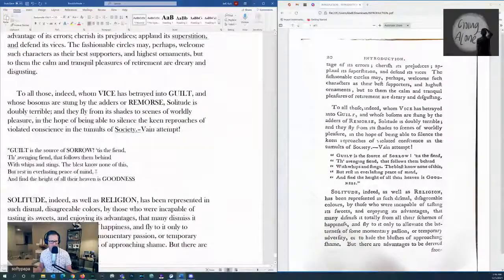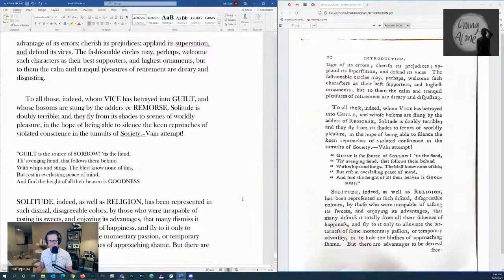Okay, we'll start with, make that a little smaller. I'm not going to continue with the sentence from above. We'll start right there. The fashionable circles may, perhaps, welcome such characters as their best supporters and highest ornaments, but to them the calm and tranquil pleasures of retirement are dreary and disgusting.